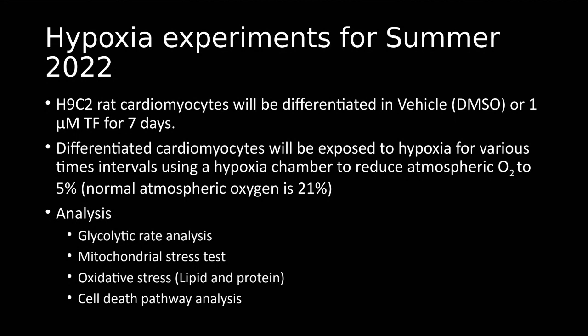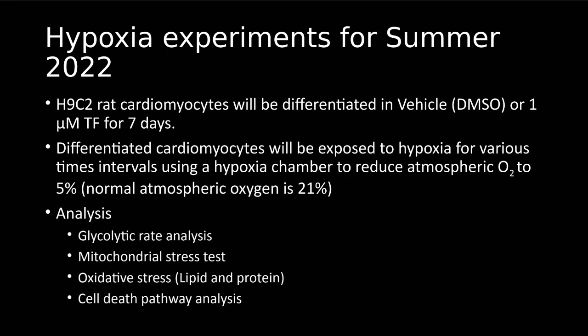The differentiated cardiomyocytes will be exposed to hypoxia, that is 5% oxygen compared to 21% in normoxic conditions. We'll do it using an environmental chamber that I already have, where we can reduce the atmospheric oxygen levels to around 5%, which is the typical definition for human cells of hypoxic conditions.